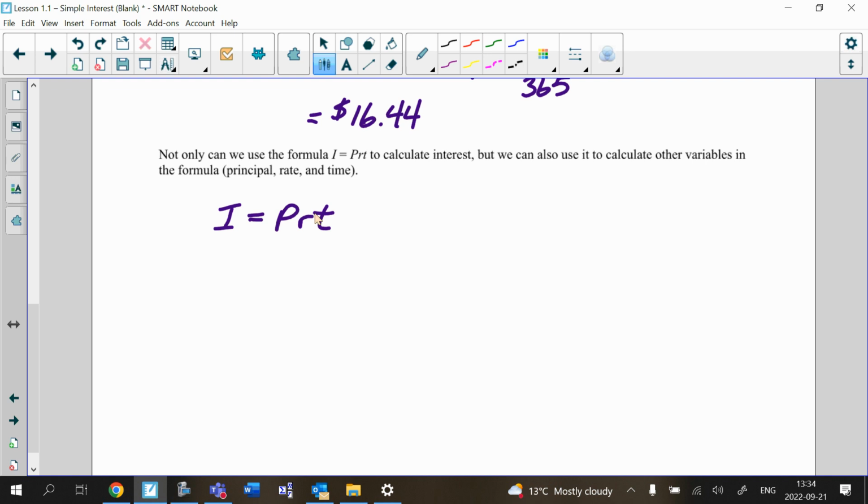And if I divide that side by RT, I have to divide that side by RT. So if it's the principal, how much you invest or borrow that you're trying to figure out, you've got to take the interest and divide it by the rate multiplied by the time.